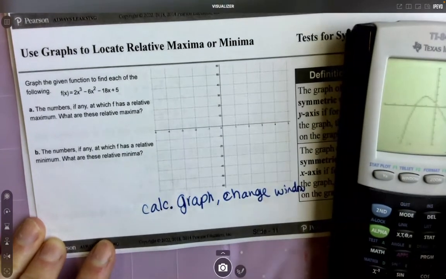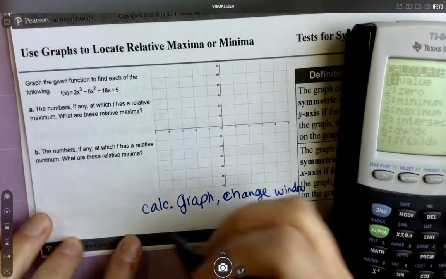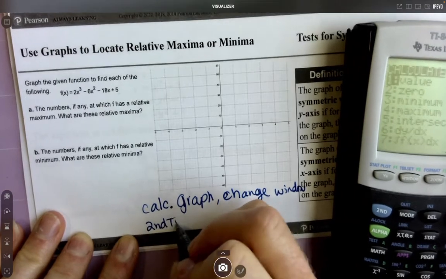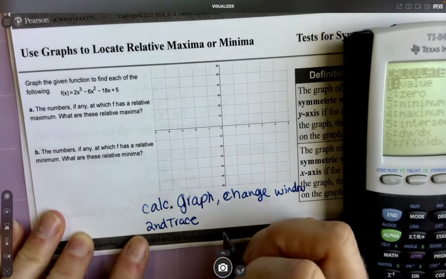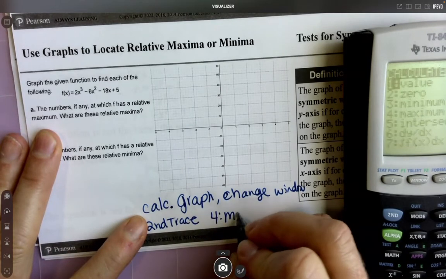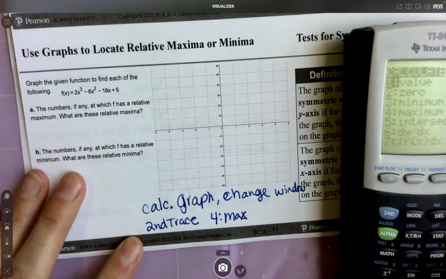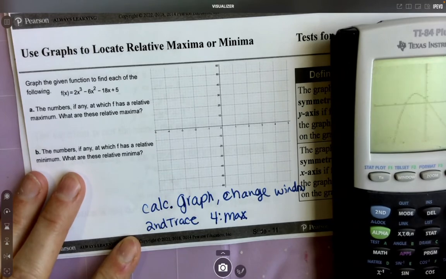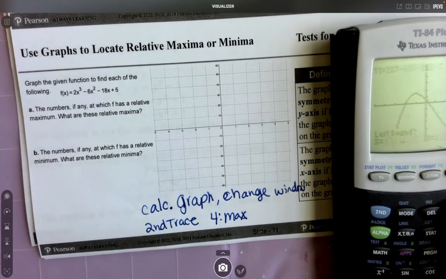And then you're going to go to second trace, which is calc. And we want to first find our maximum. So 4, maximum. And I'm going to find the maximum here.